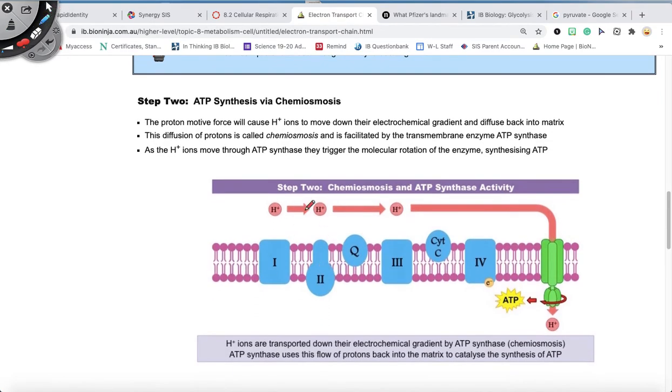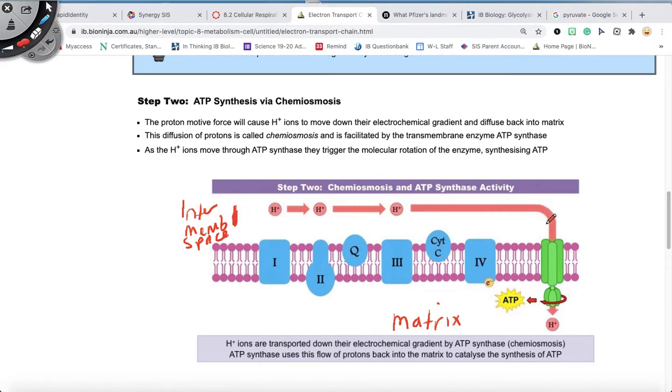All right. So now you have a proton motive force here in the intermembrane space. But now these hydrogens diffuse back into the matrix of the mitochondria. So again, this is the matrix of the mitochondria. This is the inner mitochondrial membrane, or the cristae, and this is the intermembrane space, here in the middle.